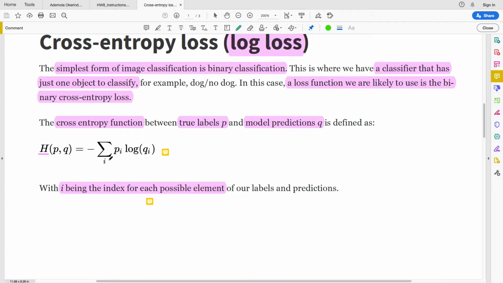This is the equation of the function. It is the sum over i of P_i log Q_i, summed over the number of training samples, or the number of batches.